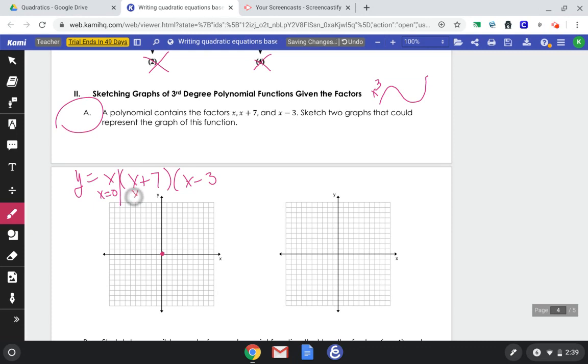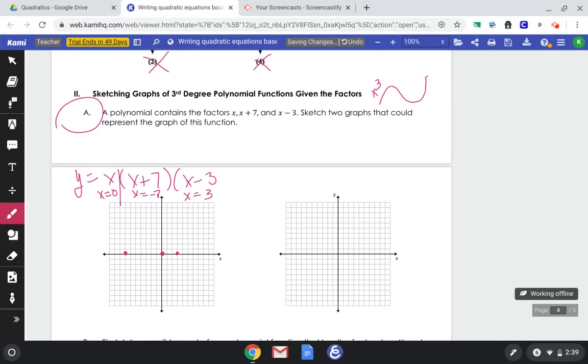It also has a root of x equals negative 7. And the last root is going to be x equals positive 3 right here. I don't know which way the curves are going for this one. I just know what the roots are. So I can draw in my curves one of 2 ways.